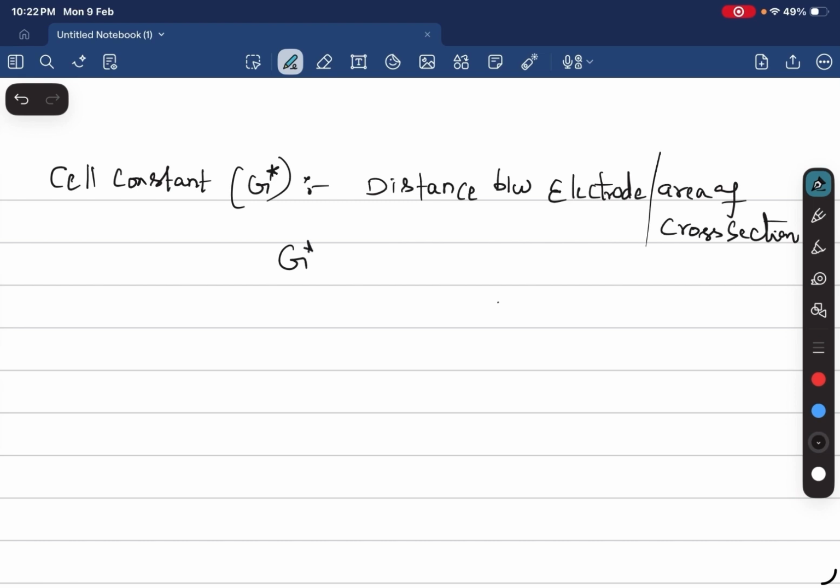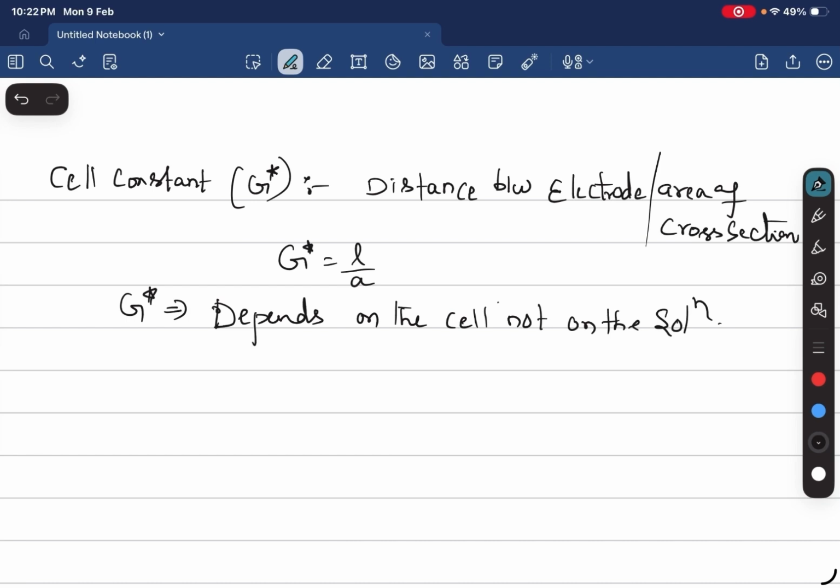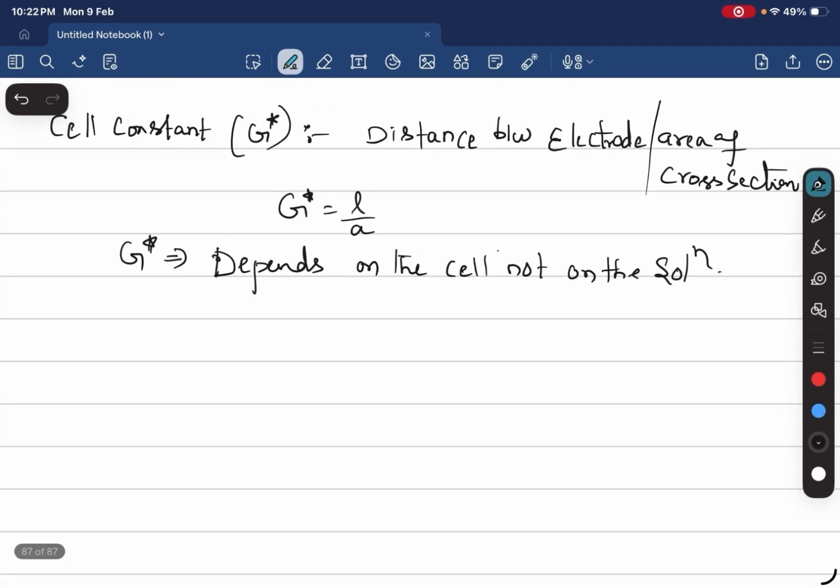So G star equals L by A. Here L is the length or distance between electrodes, and A is the area of cross section. So this cell constant mainly depends on the cell, not on the solution. Units we can write. L is centimeter, suppose, or meter if you take. A will be meter square, which can be written as meter inverse, like this.